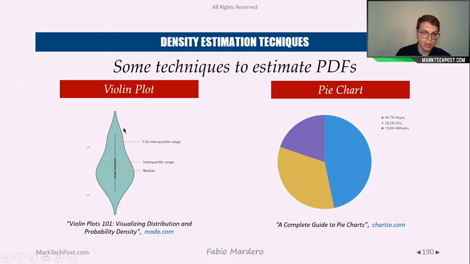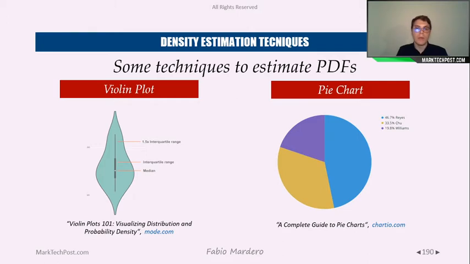Inside, on the axis, you will get some metrics that we will talk about later, for example, the median, the interquantile range, and so on.